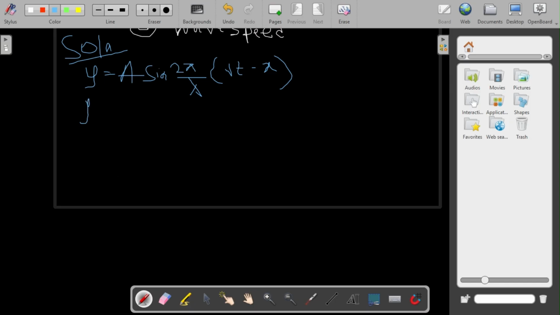So this is y equals a sine, then this goes in as 2 pi Vt over lambda, minus, this also multiplies in, which is 2 pi x over lambda.